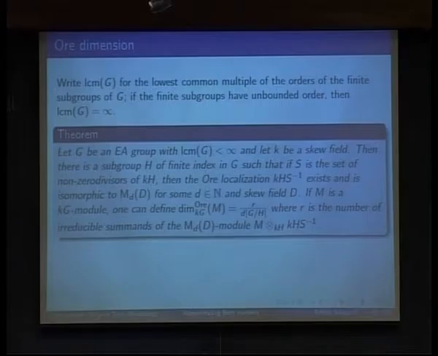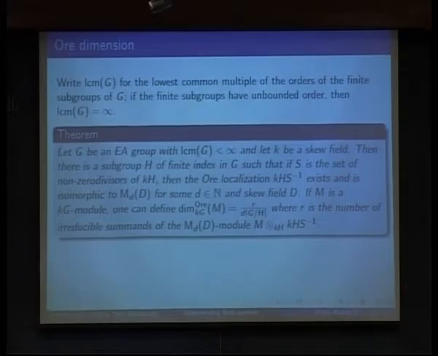Let G be an elementary amenable group in which the finite subgroups are of bounded order, and we do need the bounded order there, and let K be a skew field. Then there's a subgroup H of finite index such that if S is the set of non-zero divisors of KH, the Ore localization KH S^-1 exists. It won't be a skew field, but it'll be quite close. It will just be matrices over a skew field.